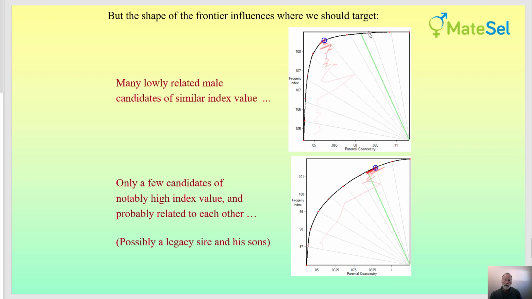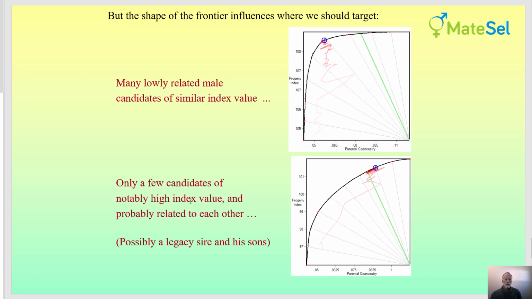So if we get another male and increase the diversity, say to over here, then because they're of similar index value, there's going to be little change in the index value provided by these two males rather than one. And because they are lowly related, we get a big jump in diversity. And as we add more lowly related males with little compromise in merit, we get this pattern here. The frontier sticks out with quite a pokey bit, which is a desirable place to be.